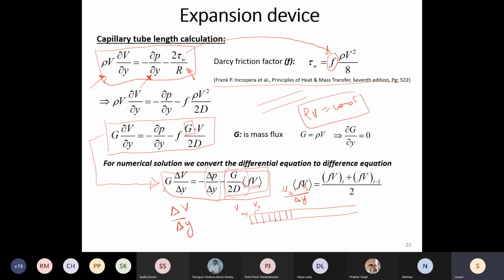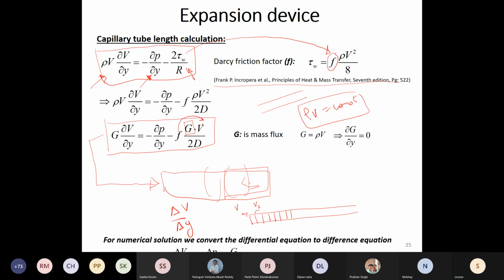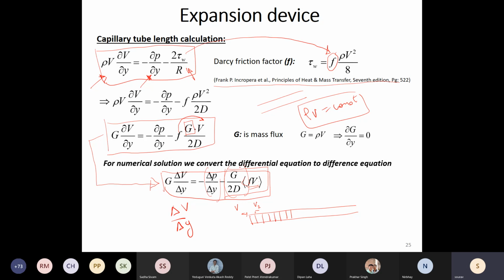Okay, so that's why this F into V, G is constant, rho into V has to be constant, so that I have taken out of this bracket. So this F into V, I am taking as the average of the inlet and the outlet of this small node. Okay, so this has to be repeated across all the nodes. So here I and I minus 1 are the index of that particular node.